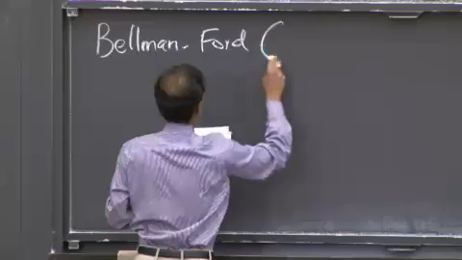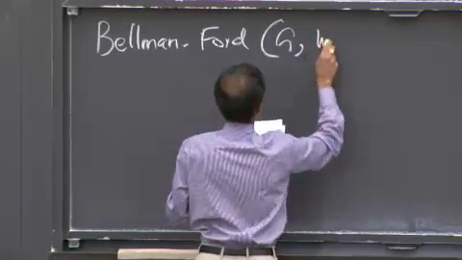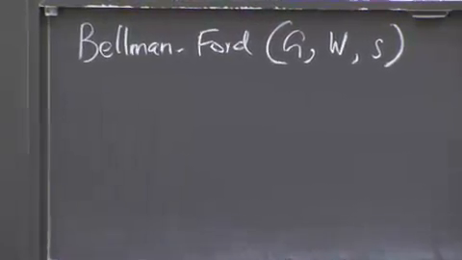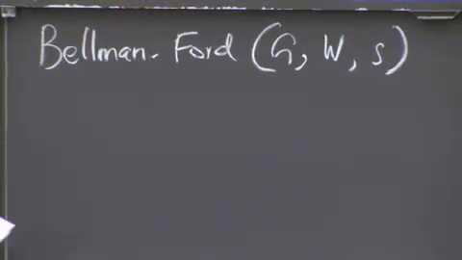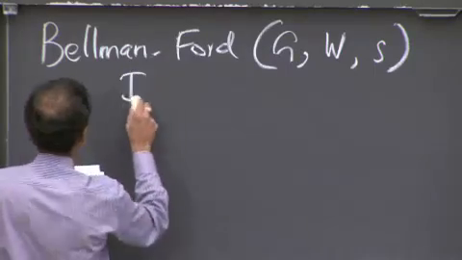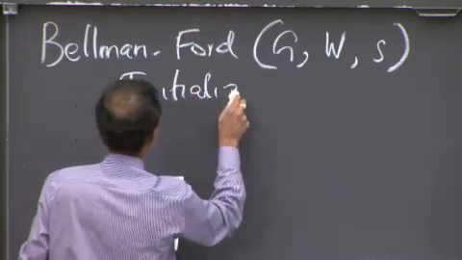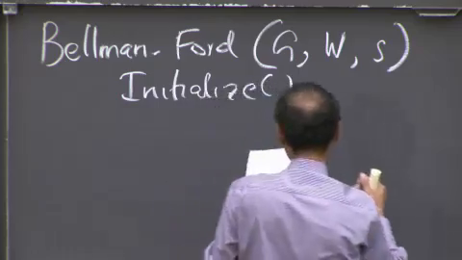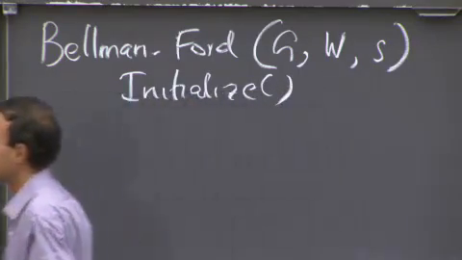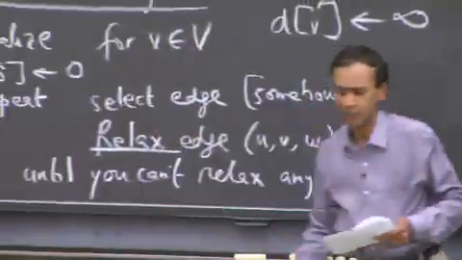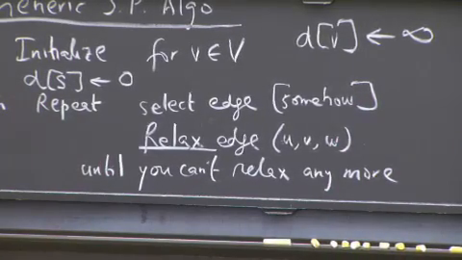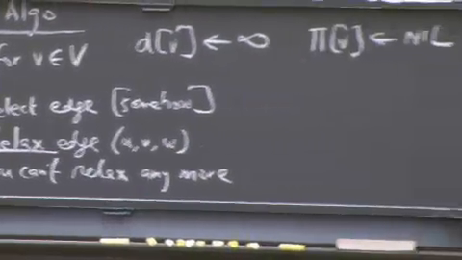So Bellman-Ford takes a graph, weights, and a source S. And you can assume an adjacency list specification of the graph, or the representation of the graph. And we'll do some initialization. It's exactly the same as in the generic case. Set the d values. We'll still be looking at the d values and talking about the relaxation operation. So we do an initialization.